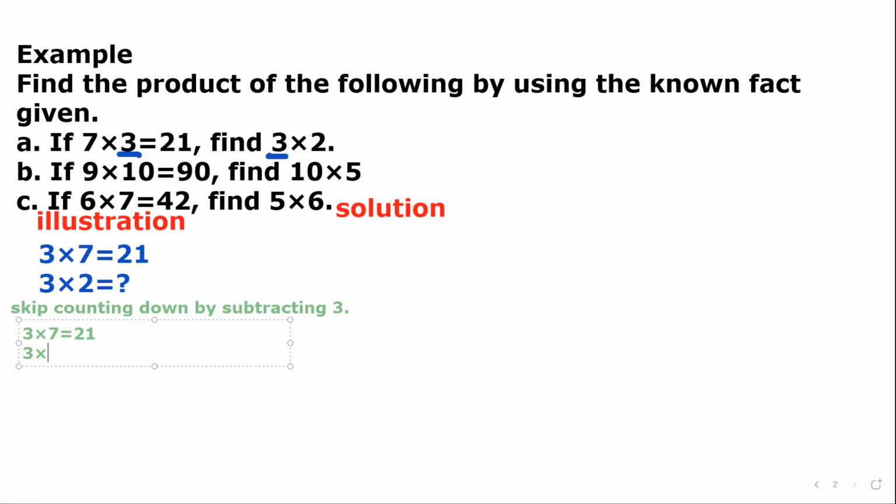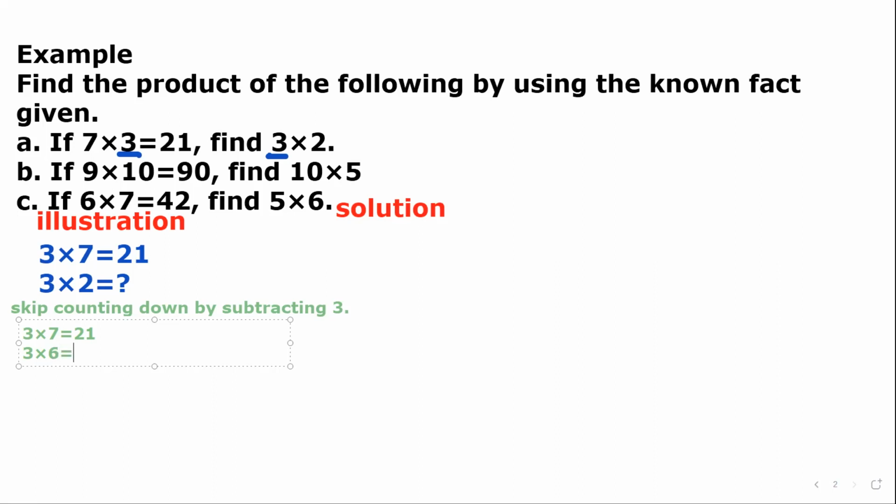Times, this time you do not write 2 because you can't jump from the 7 to 2. Because here you have written that we should skip counting down by subtracting 3. So the immediate number when you skip counting down from 7 is 6. That is the nearest number to the 7.